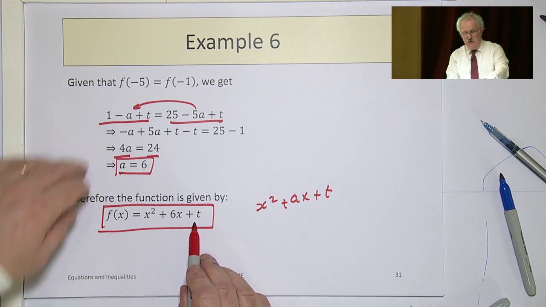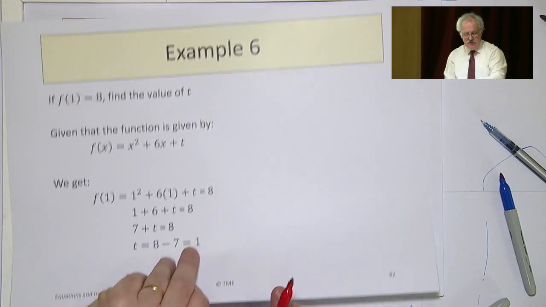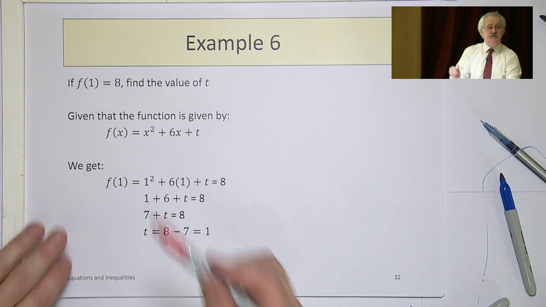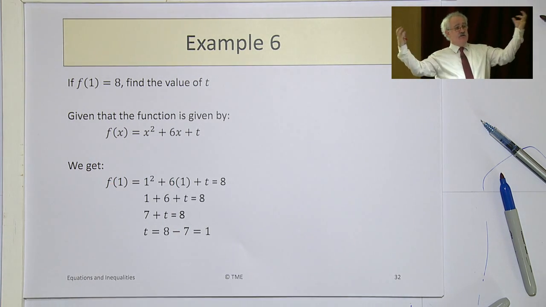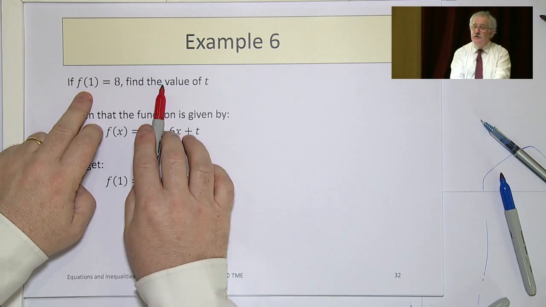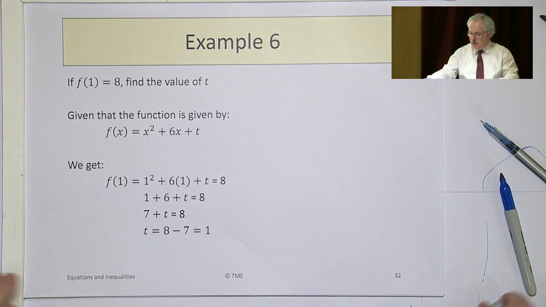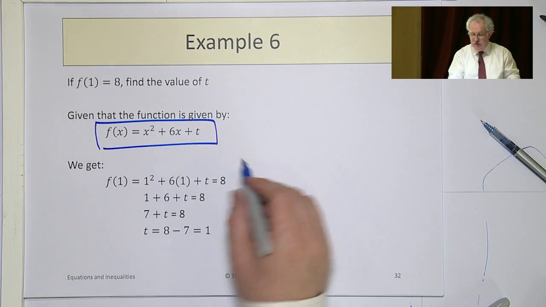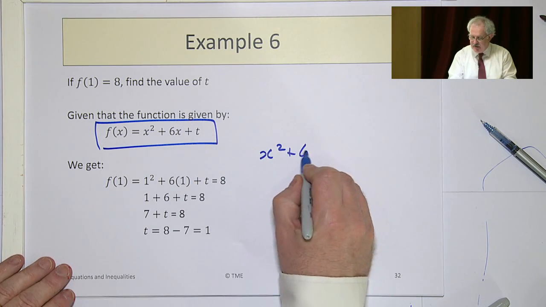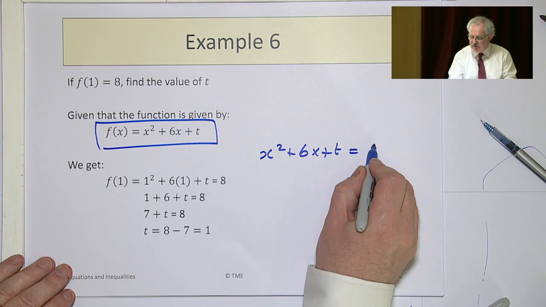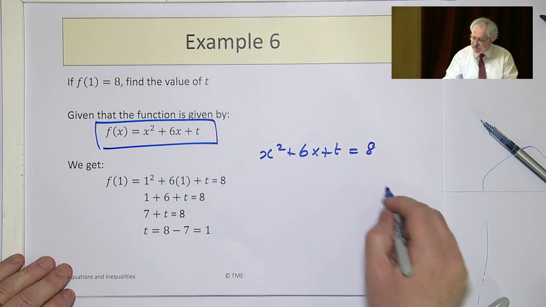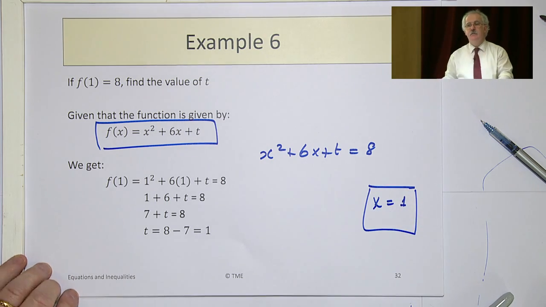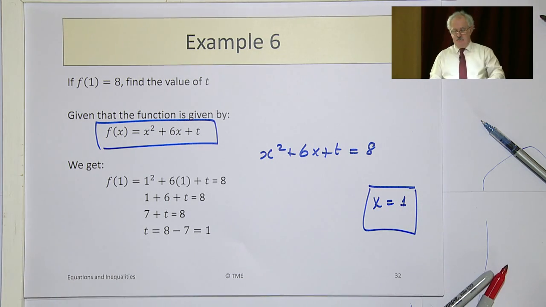But then it gives me another hint, and it says f of 1 is 8. In addition to f of minus 1 and f of minus 5 being the same, f of 1 is 8. So now you're told that x squared plus 6x plus t is 8 when x is 1. How do you solve that?